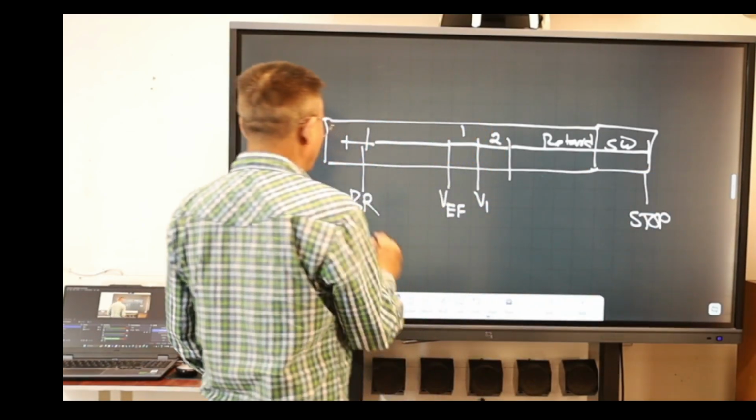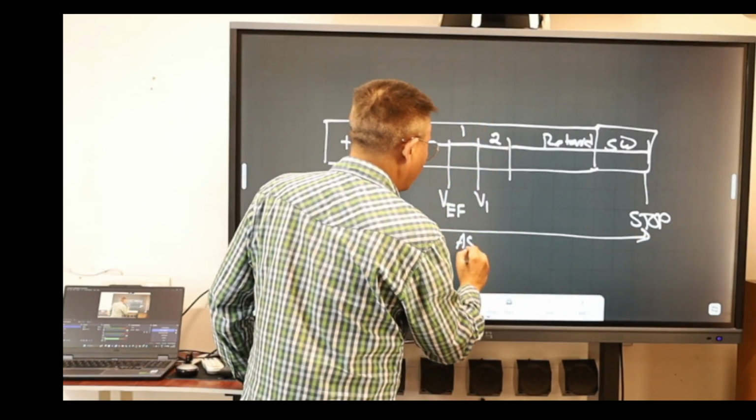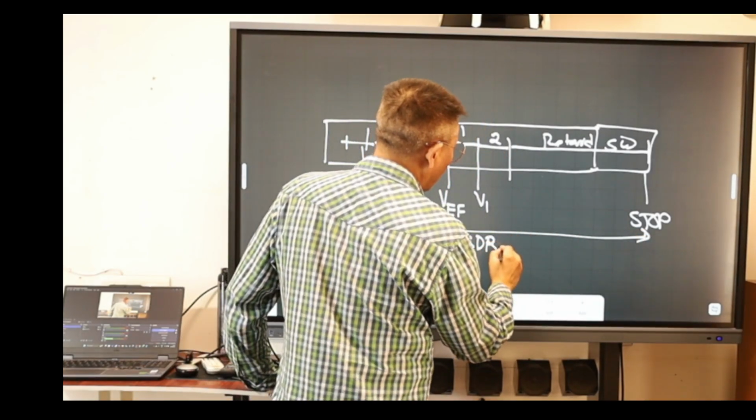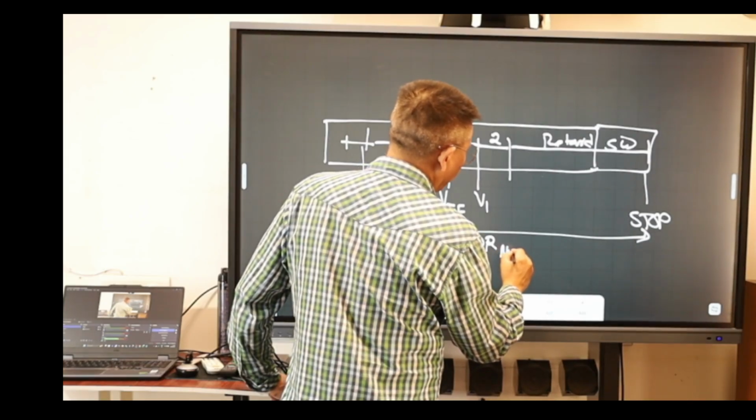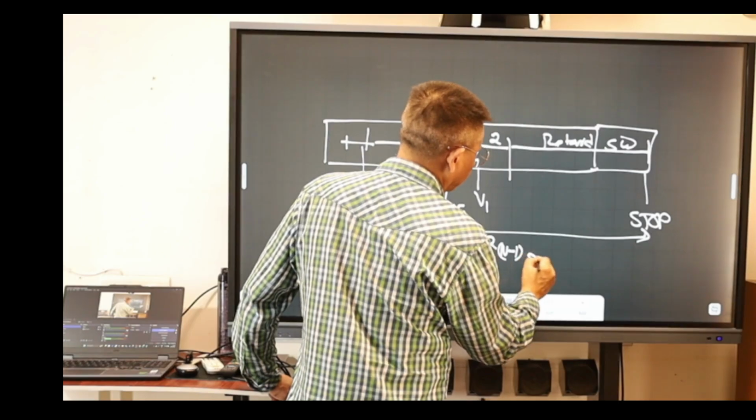So this distance, as we discussed earlier, was ASDR N minus 1 on a dry runway.